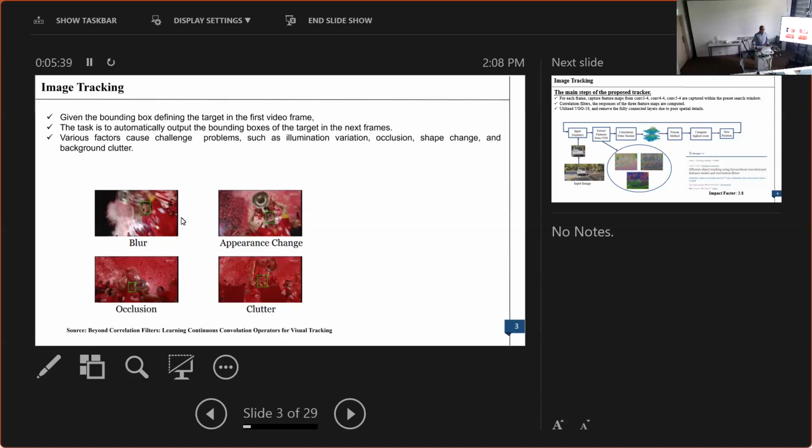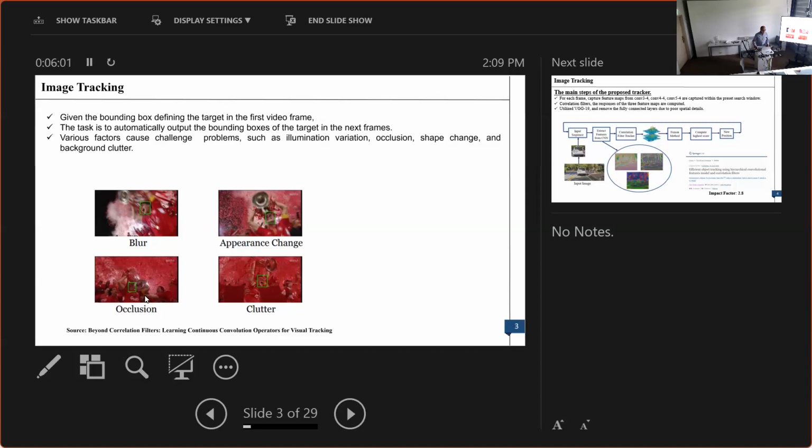So we need to cover that. We may have a blurry image, the appearance could be changing and varying from frame to frame, and the light condition is changing from frame to frame as well.